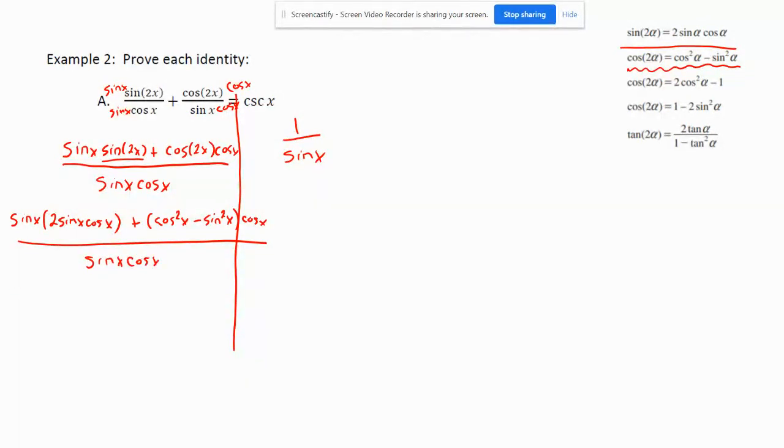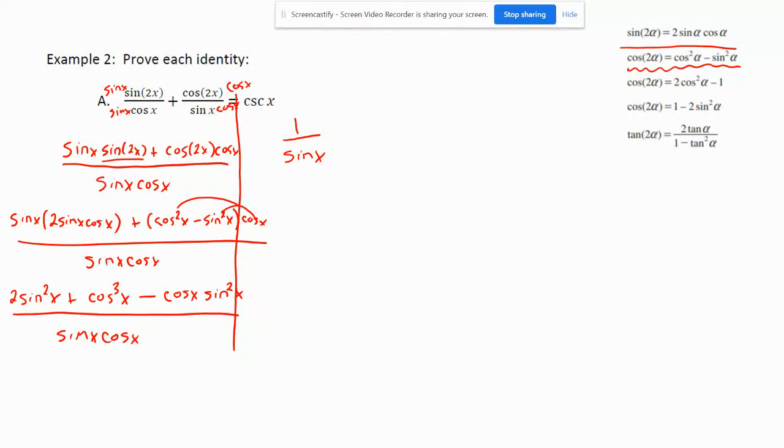So I'm just going to multiply this through, so we have sine x times 2 sine x cos x. This is going to be 2 sine squared x, plus, now I'm going to multiply this through, cos cubed x minus cos x sine squared x, all over sine x cos x.